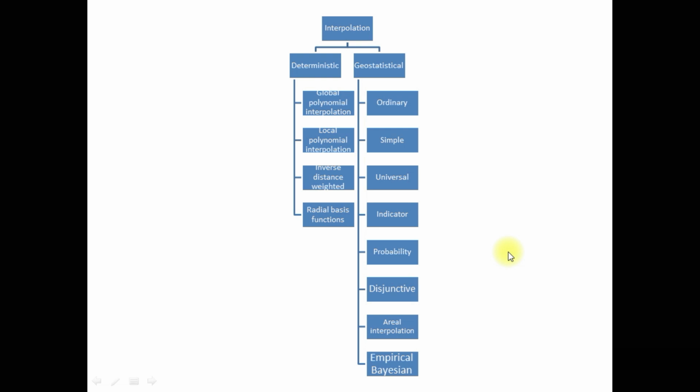So during our tutorial we will work on each type of interpolation technique. You will see the differences, you will see the similarities, and you should remember that there is no best interpolation technique.